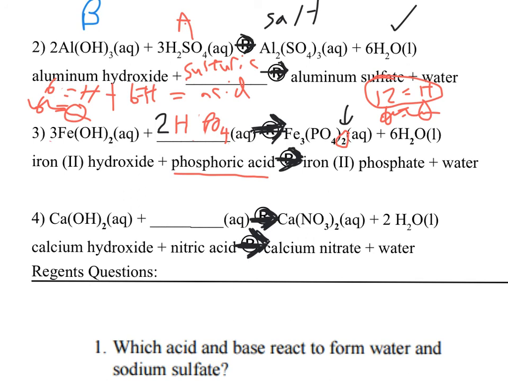That still checks out. And I want 6 hydrogens, so I should also add a 3 down here. So now my hydrogens are 6, which is what I wanted, and my PO4s are 2, which is also what I wanted. If you were to check everything that's here, it would be balanced.